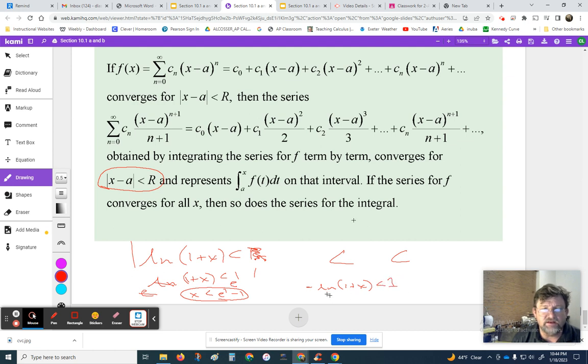And then we'd end up dividing by 1, which would give us the natural log of 1 plus x is greater than negative 1. And then we do e to both sides. And so we're going to get x is greater than e to the negative 1 minus 1. And then we'd set that up as an interval there.